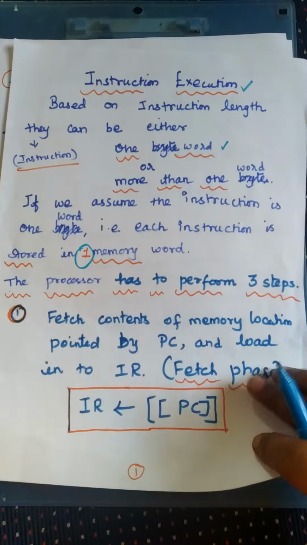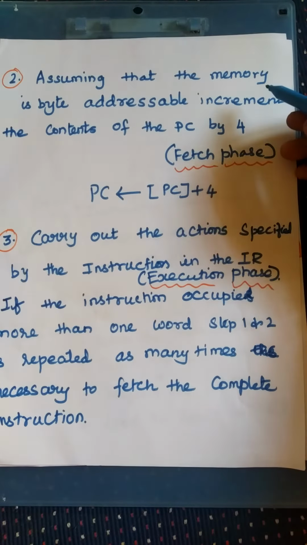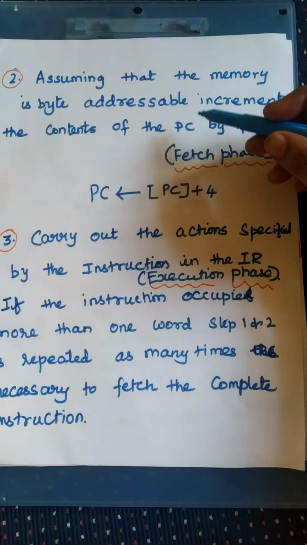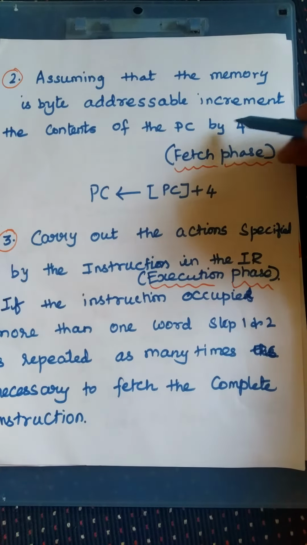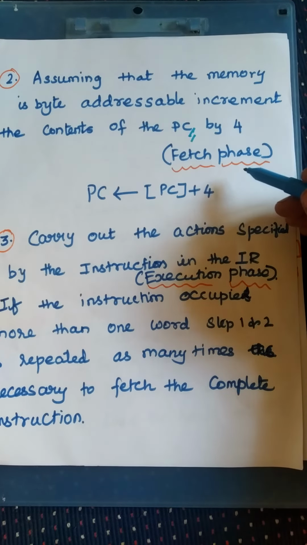The next step of instruction execution, assuming that the memory is byte addressable, meaning one word per memory instruction, is to increment the content of the program counter by 4. This is also the fetch phase, the second part of the fetch phase.